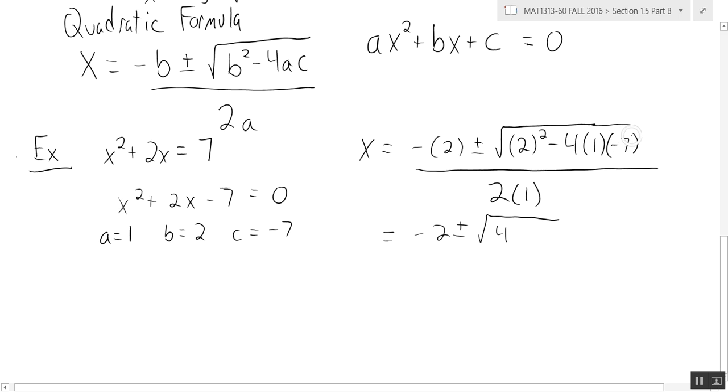Negative 4 times negative 7 is positive 28. So I'll put plus 28. And that's all over 2 times 1, or 2. Alright, so I have negative 2 plus or minus the square root of 4 plus 28, that's 32, all over 2.